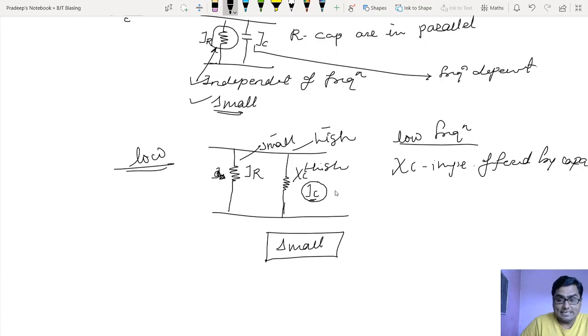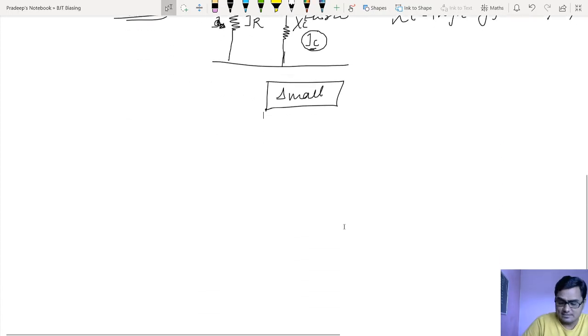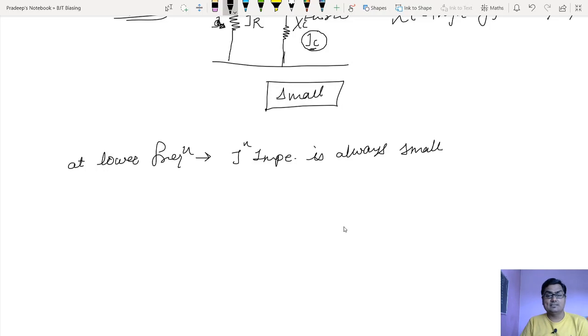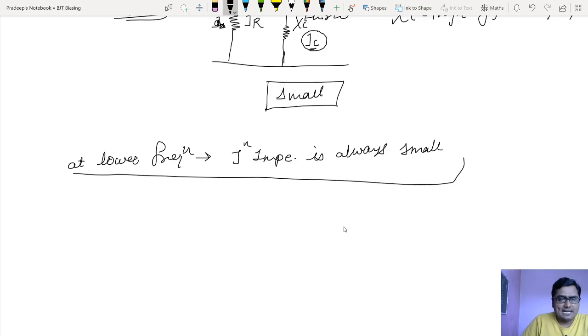So at lower frequencies, the junction impedance is very small.